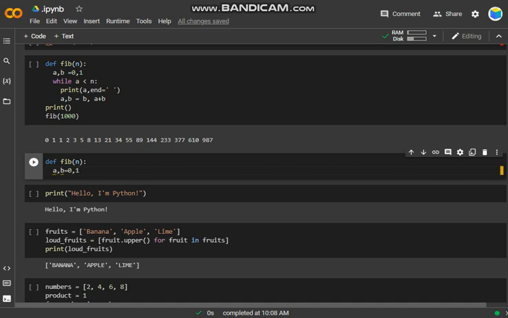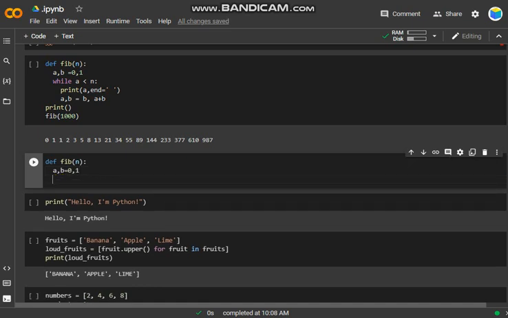Then I am using a loop, we have already discussed while. So I am going to use while a is less than n, because I have taken the whole number as n.